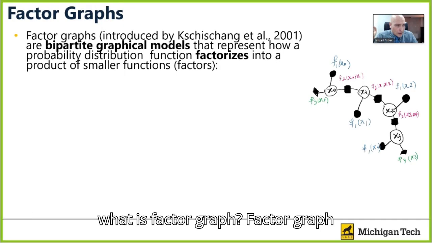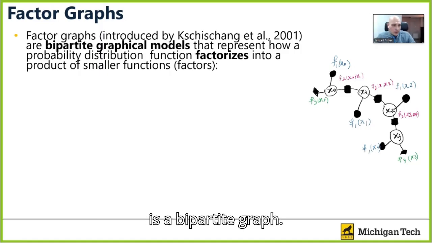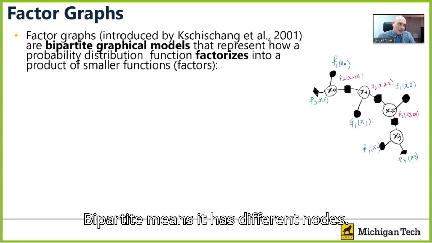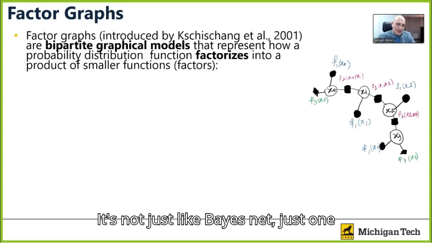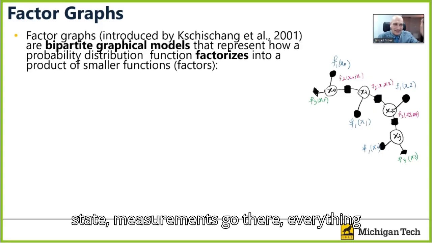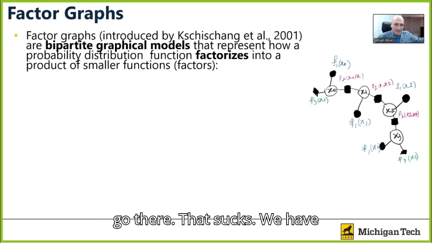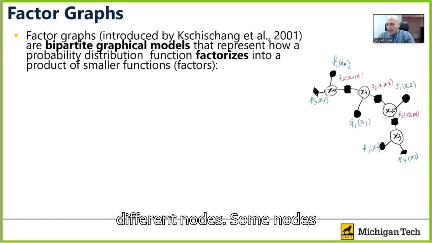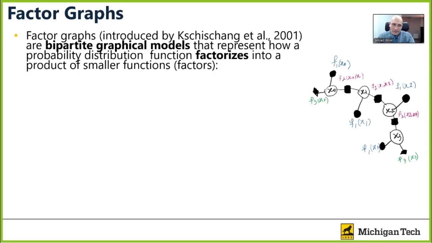Anyway, what is a factor graph? A factor graph is a bipartite graph. Bipartite means it has different nodes. It's not like a Bayes net, with just one kind of state where measurements and everything go. That sucks. We have different nodes. Some nodes are states, and some are factors.